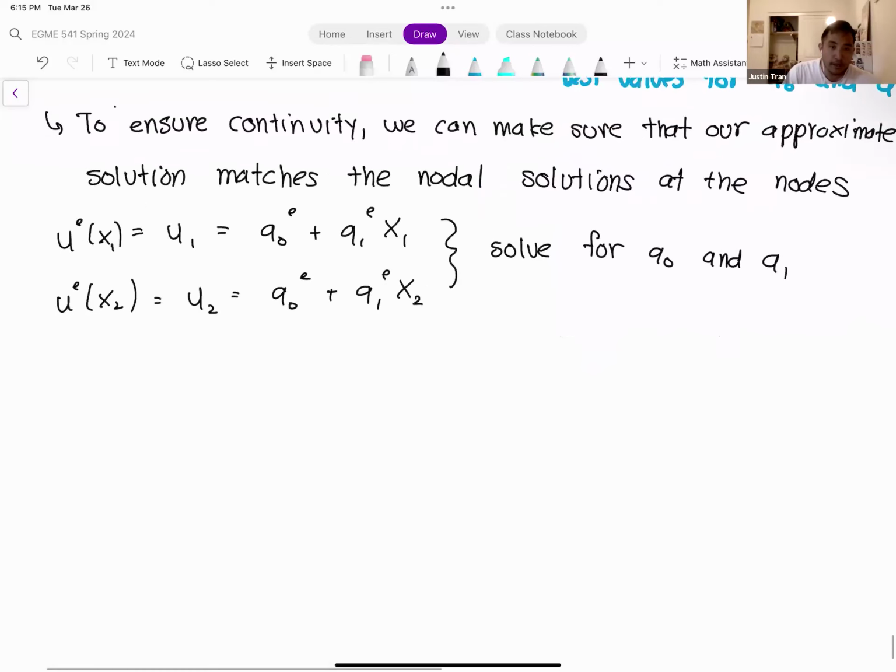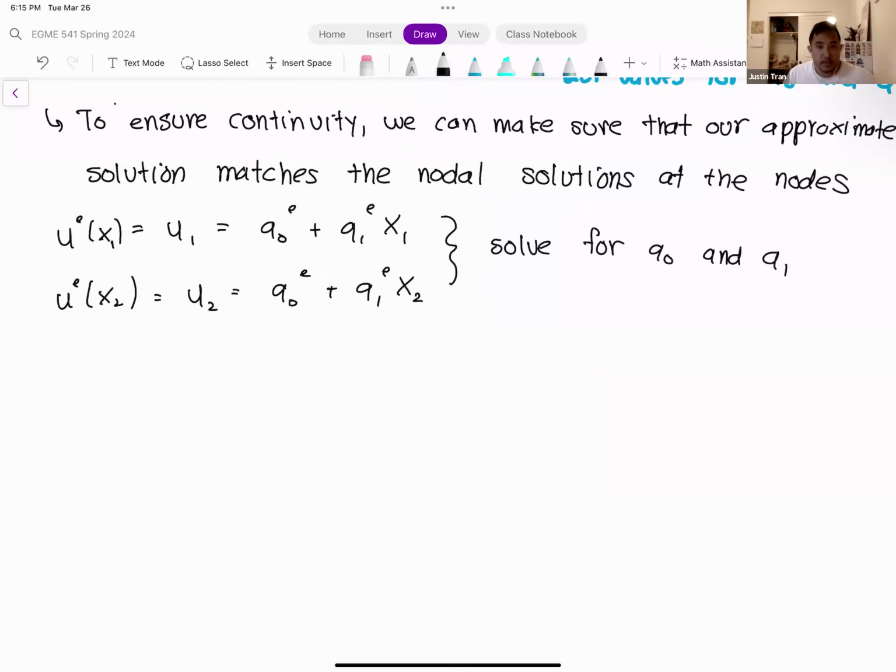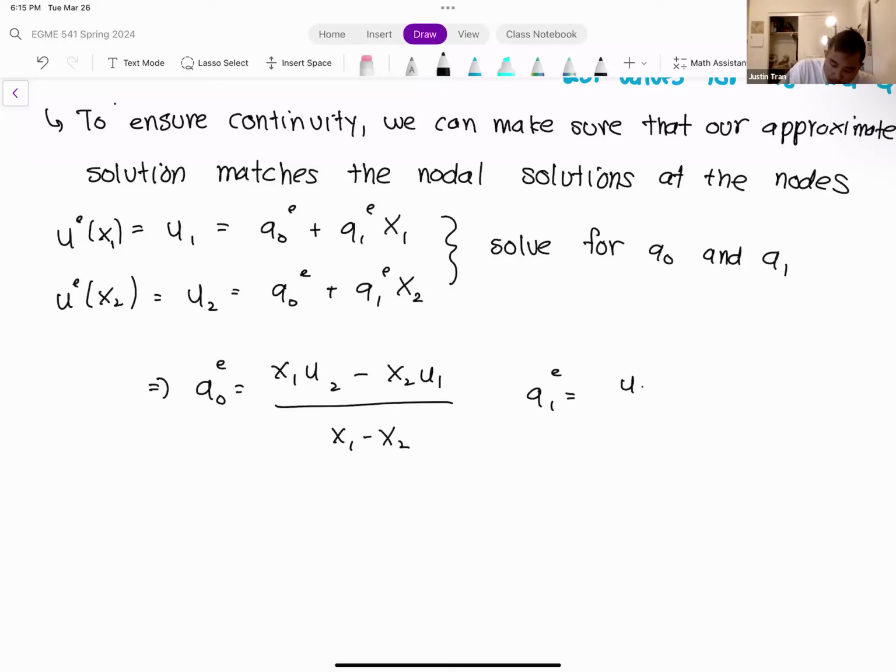Okay, and so basically what we get from this is that A0 is equal to x1 u2 minus x2 u1, all divided by x1 minus x2. And then for A1, both of these have e's on them, A1e here is u1 minus u2 divided by x1 minus x2.